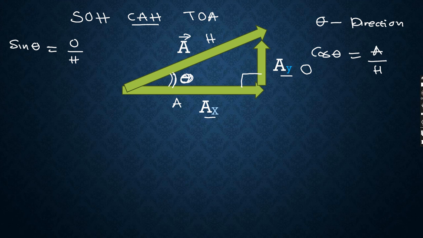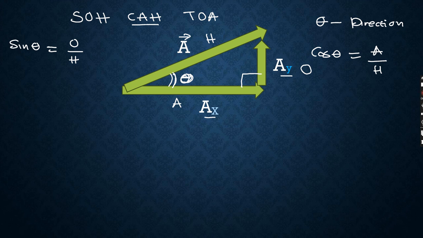So now we need to find the formulas of how we can find the components. What if the theta is on this 90 degrees, this right angle? We are not going to consider it.